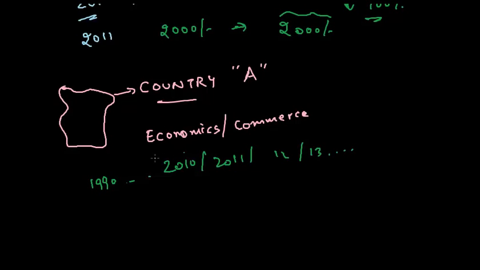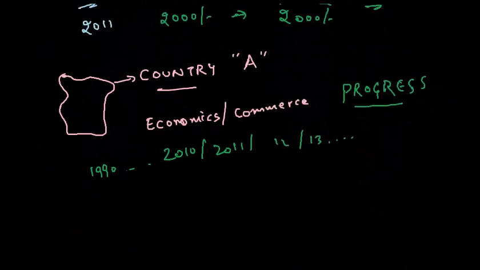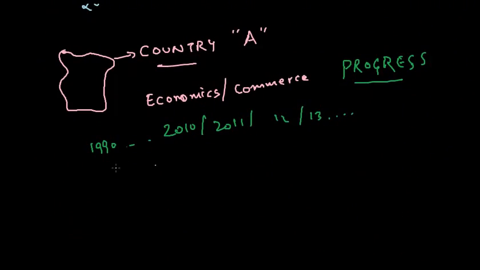So how will they check how much progress they are making in terms of economics? In the same way that Arjun did, a country's economics department will do in the same manner.